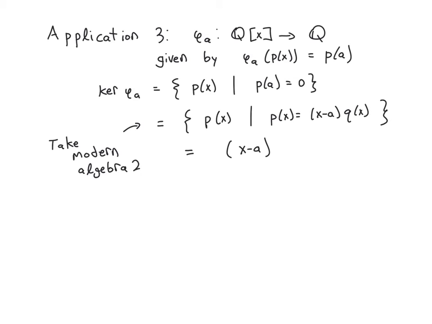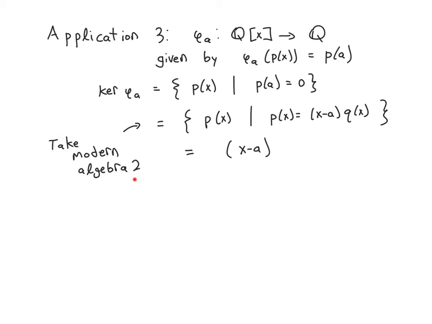So this is called the evaluation homomorphism. So a is fixed and the polynomials vary. What is the kernel? Well, it's those elements in the domain, so polynomials, such that when you apply the map, you get the identity element in the codomain. So those polynomials such that when you plug in a, you get 0.